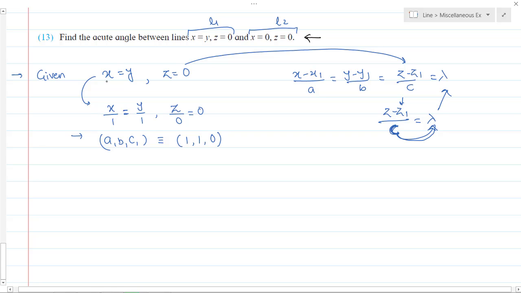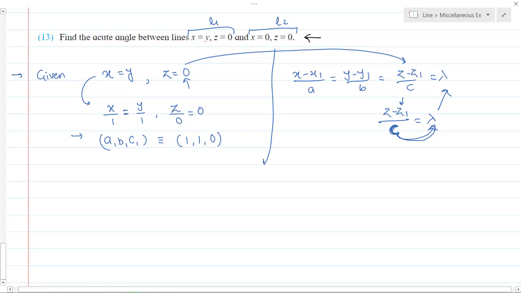See here we have x equals y but it is not equal to 0; this is equal to lambda, which is a scalar quantity. But here they have said equal to 0, and that scalar is non-zero. Because of that non-zero scalar multiplying c, only if c is 0 will I get this 0, otherwise no. So that's why we get 1, 1, 0 as the direction ratio of the first line.